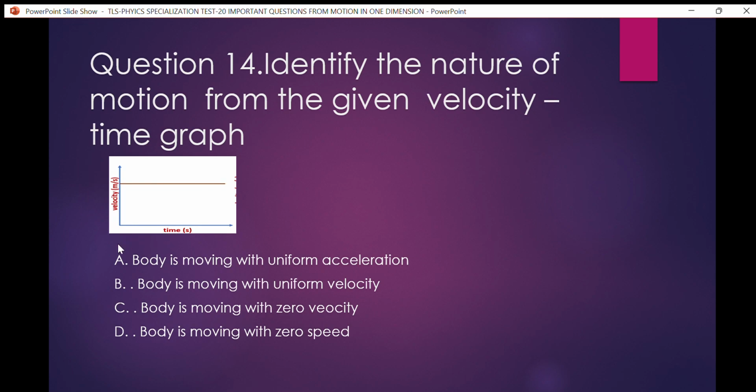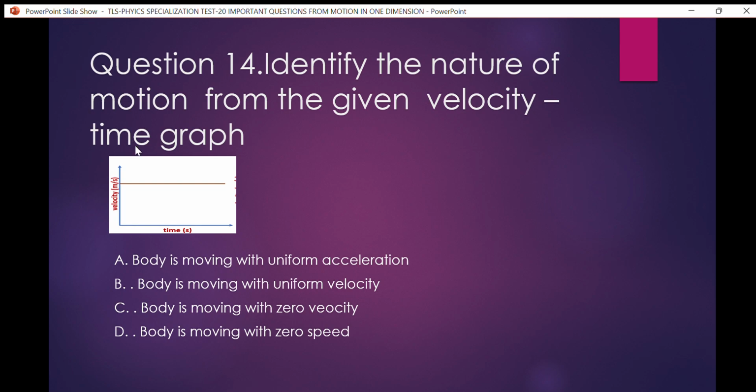So option A, body is moving with uniform acceleration. No, it is not getting accelerated. Body velocity remains constant. So option A is not correct. And option B, body is moving with uniform velocity.